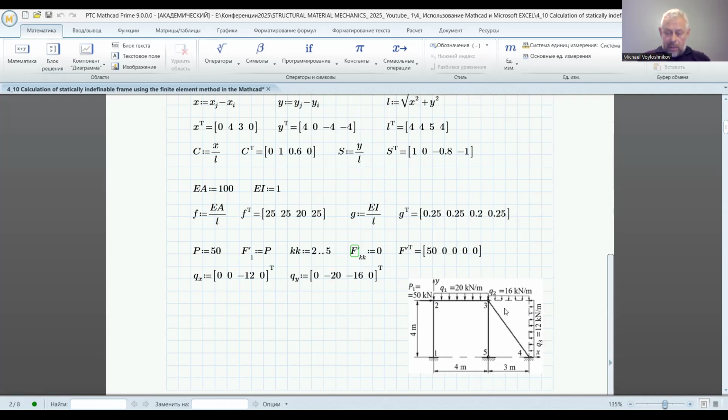This is understandable. As for the vertical component, the index has to be qy because it is directed parallel to the ordinate axis, but in that direction, so with the minus sign. But to find the force, we have to find the product of this vertical component by the horizontal component of the length of this inclined element.